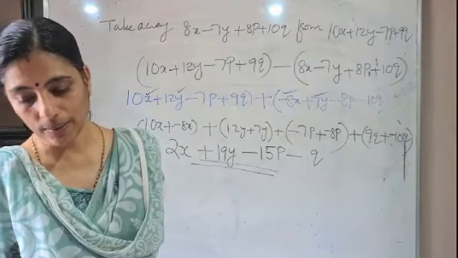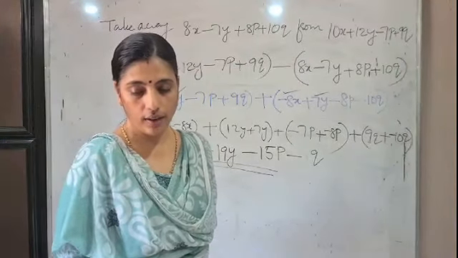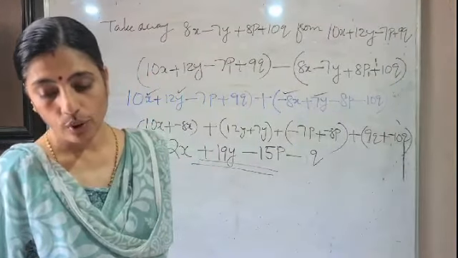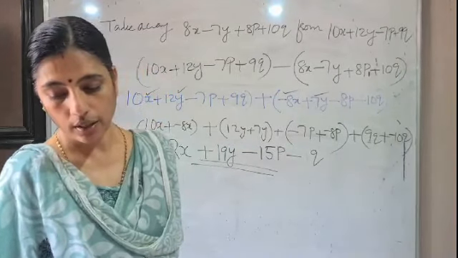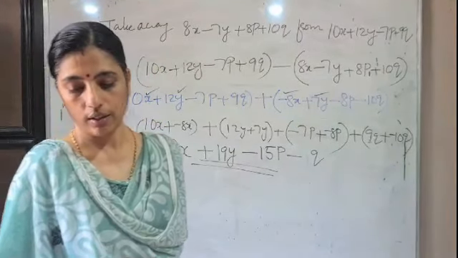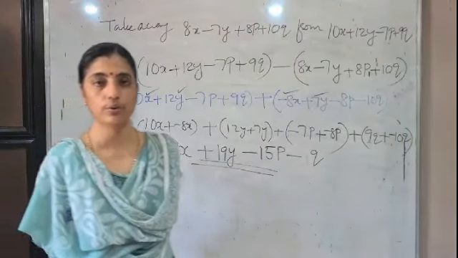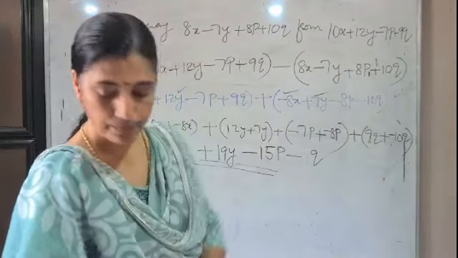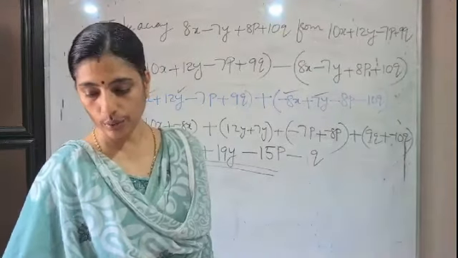Question number 8. Question number 9, 4th subdivision. Then question number 12 and question number 14. These questions you have to do for the next class. You have to do all the homeworks. Those who are doing only, they can do this one.